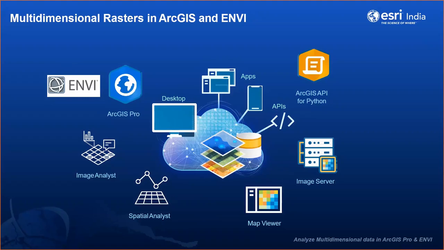In terms of analysis, we have two sets of geoprocessing tools. One is Image Analyst, another one is Spatial Analyst. These tools help you to perform analysis and to generate trend rasters, predict rasters, and also do forecasting analytics.